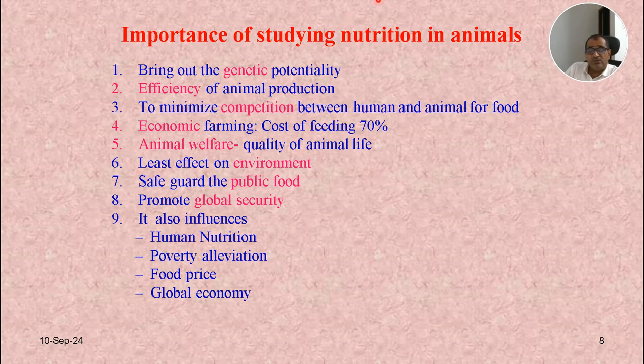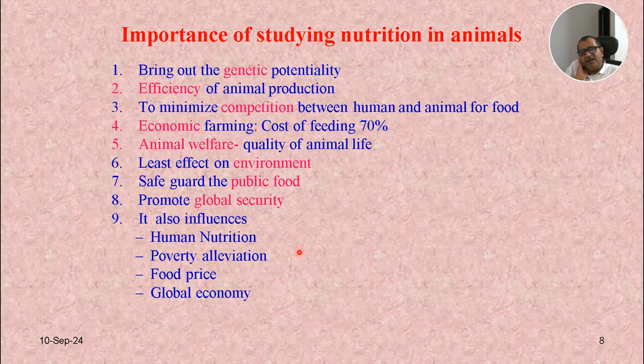Hence, we need to study nutrition. Then there is poverty alleviation, or death due to hunger. If you produce more and more animal-originated food, then the animals will serve as money-vending machines for human beings. Hence, many people can be brought above the poverty line. Hence, poverty alleviation can also be done.